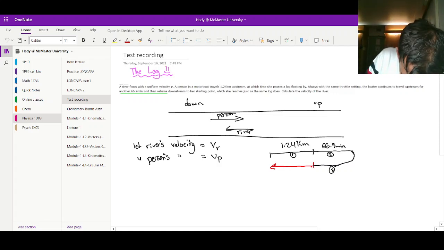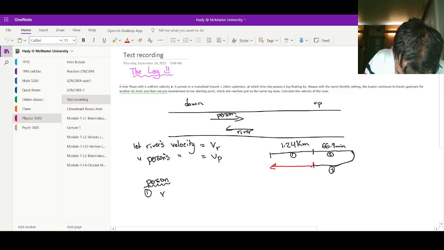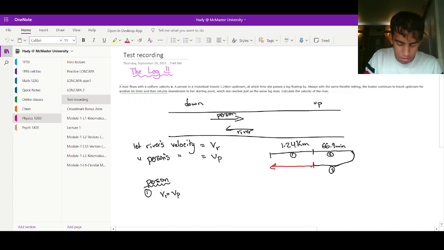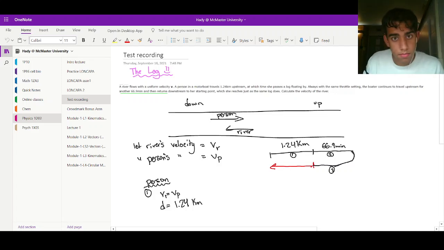So let's start with the person. In scenario 1, we know the person's velocity is just VP. So V1, 1 for the first scenario, equals VP. We have distance equals 1.24 kilometers, and time we don't know, so time is just T1.